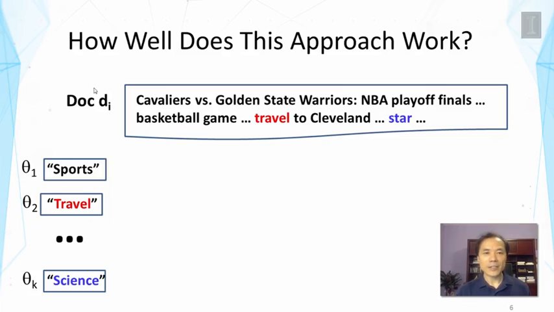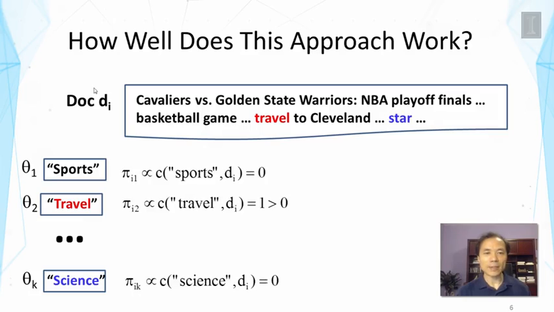Well, in this case, let's take a look at a simple example here. We have a text document that's about an NBA basketball game. So in terms of the content, it's about sports. But if we simply count these words that represent our topics, we'll find that the word sports actually did not occur in the article, even though the content is about sports.